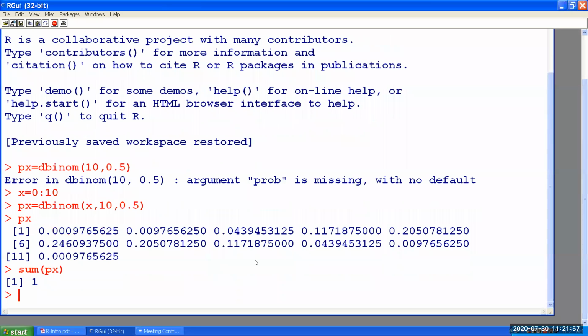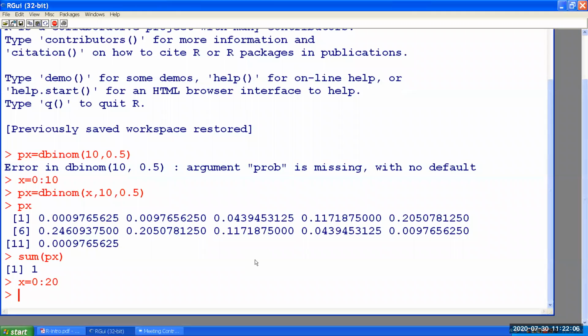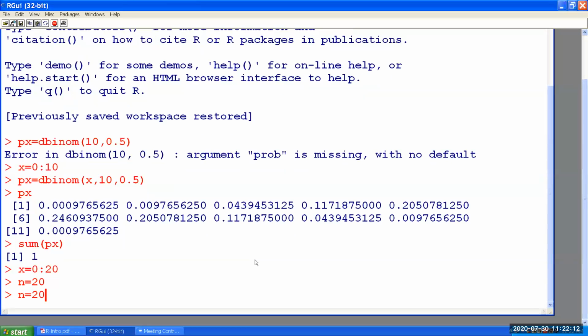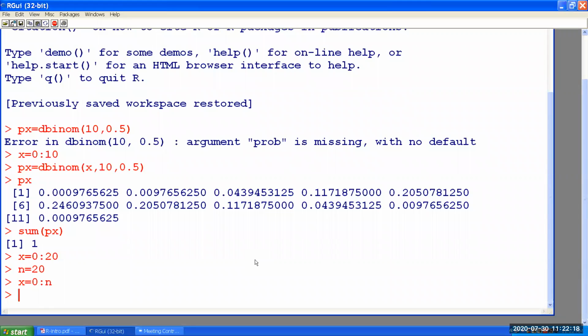Let us generate for some other, for example, n is equal to 20. Now you take x is equal to 0 to n. Now p of x is equal to dbinom of x comma n comma p, where x is the vector.